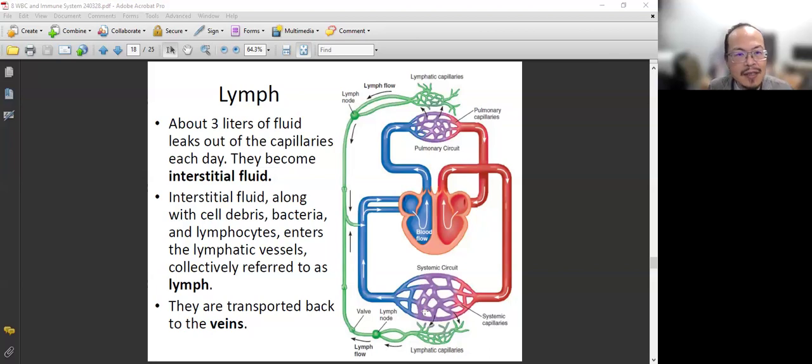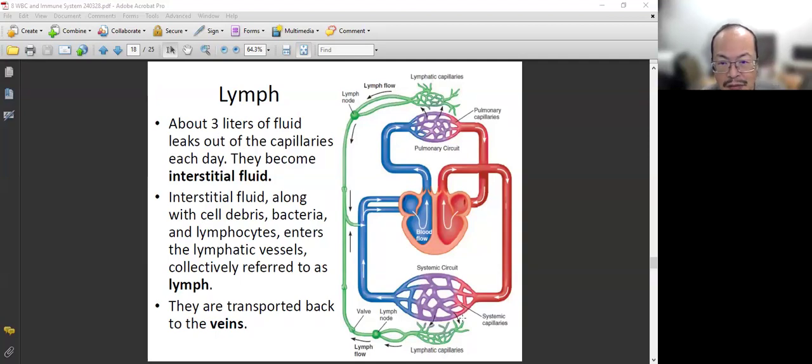Every day we have about 3 liters of this fluid leaked out. That is a good amount of fluid leaking out from the capillaries throughout our body. And when it leaks out, there is a system to capture it. The system is the lymphatic vessels.